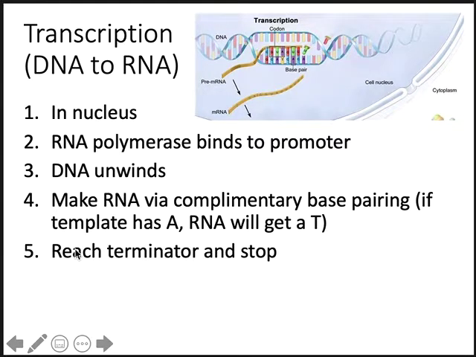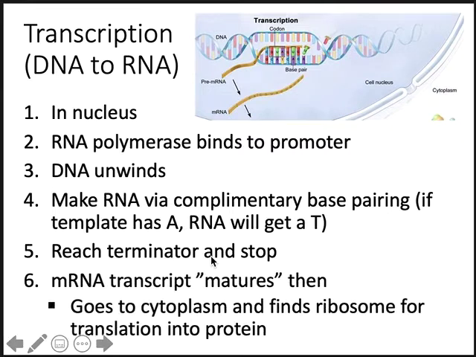Okay, once the polymerase travels through the entire gene and gets to the end, it will reach a terminator sequence, which will cause it to stop, and it will actually cause everything to disassemble. So we say that everything falls apart, and then you're left with this strand of RNA.